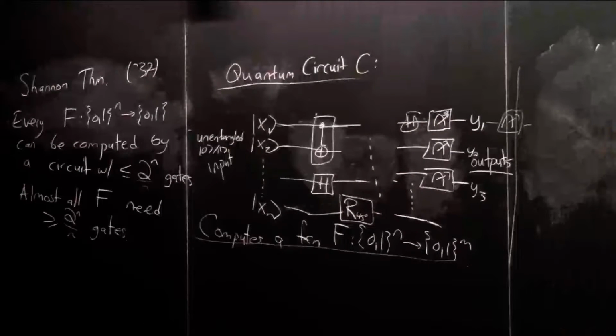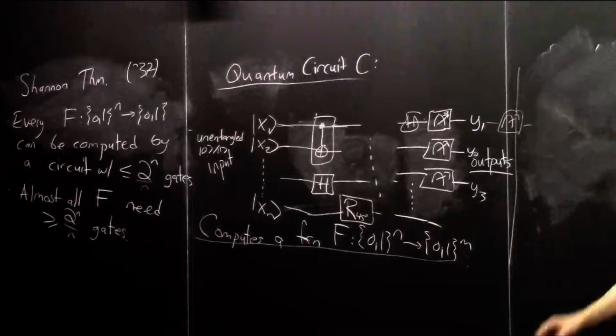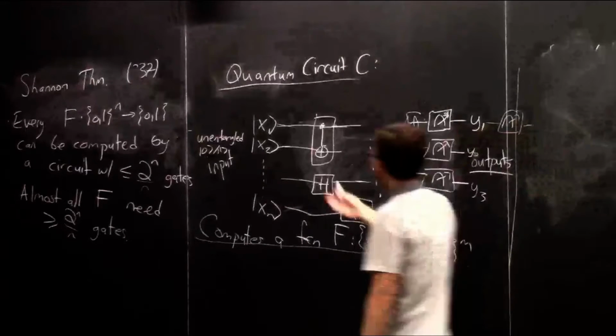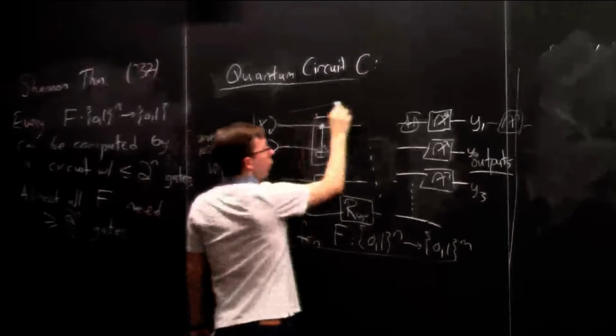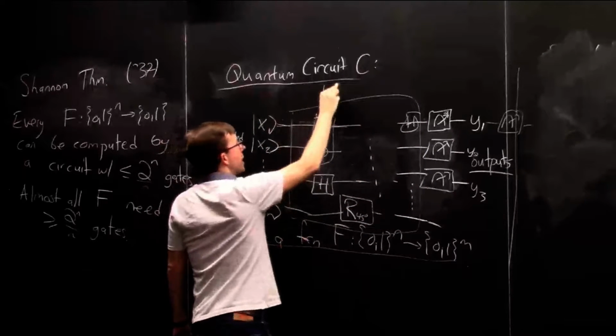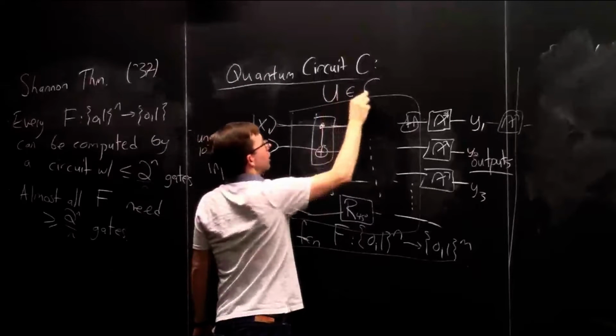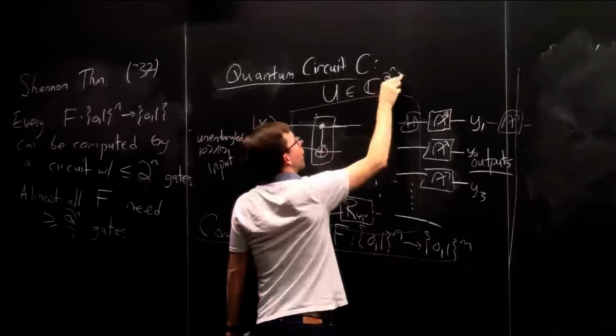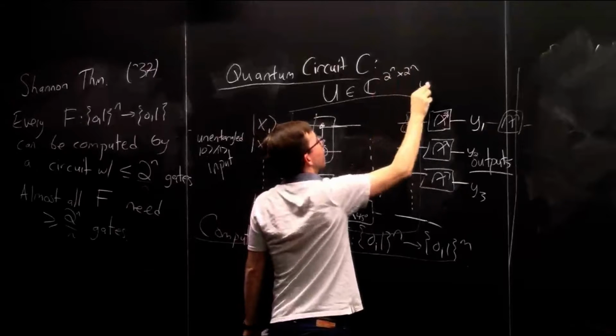Okay. And I should also add, when you set up your circuit this way, it's kind of funny because this is your input state, and this whole business here is one massive unitary transformation on 2^n-dimensional space.